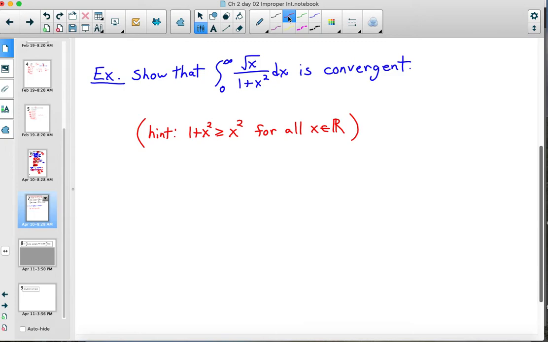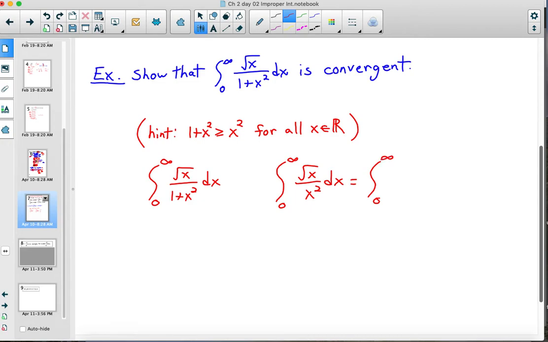So if I want to do the integral from 0 to infinity of the square root of x over 1 plus x squared, I could look at the integral from 0 to infinity of the square root of x over x squared. Now, I can simplify this. It's x to the 1/2 power on top, and x to the 2nd power on the bottom, so that simplifies to 1 over x to the 3/2 power.